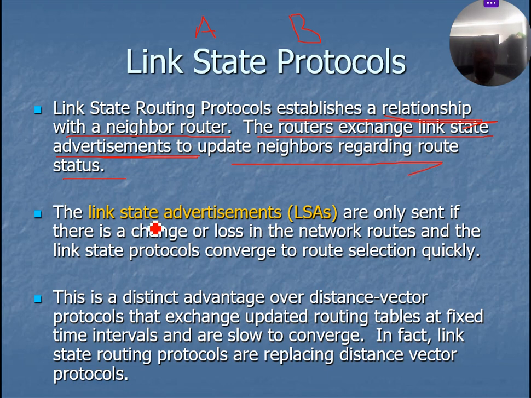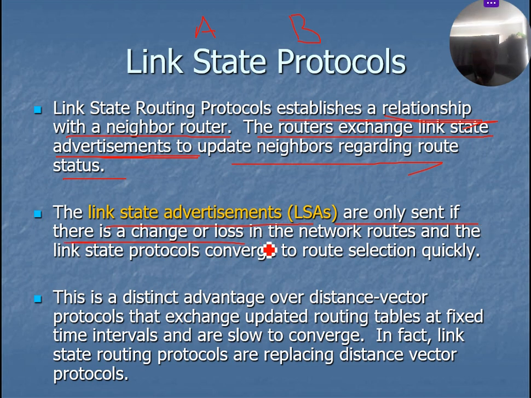Okay, now the link state advertisements between these two routers, where a relationship has been established, are only sent if there is a change. These link state advertisements are not sent all the time, not like distance vector. They are only sent if there is a change or loss in the network route.